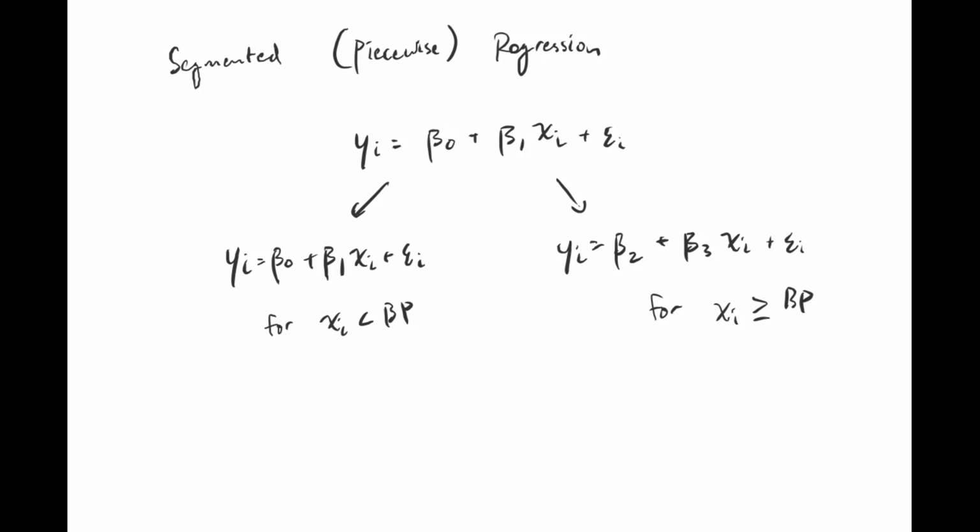Which is totally fine if you're doing prediction. You don't care. You just want to get the best predictions possible. But if you're still in inference territory, then it still might be better to get more specific.